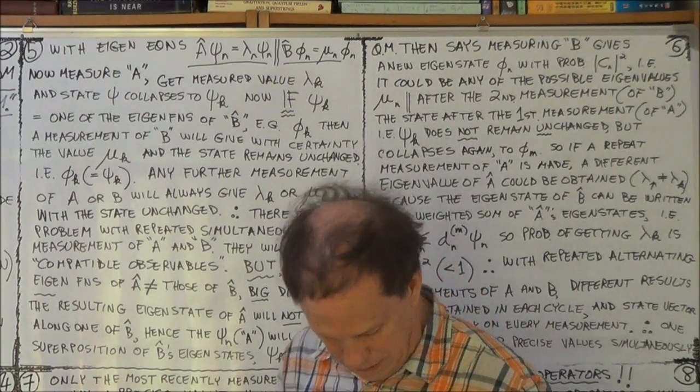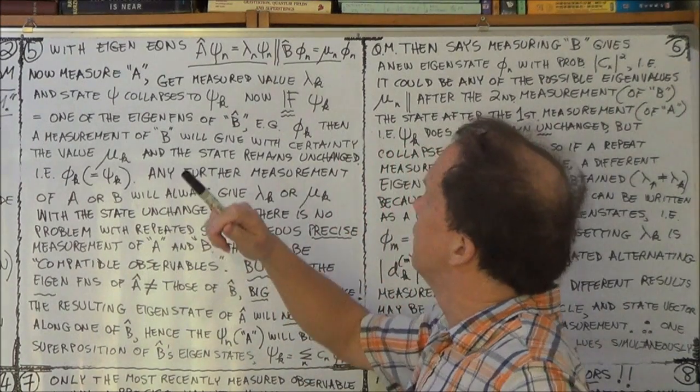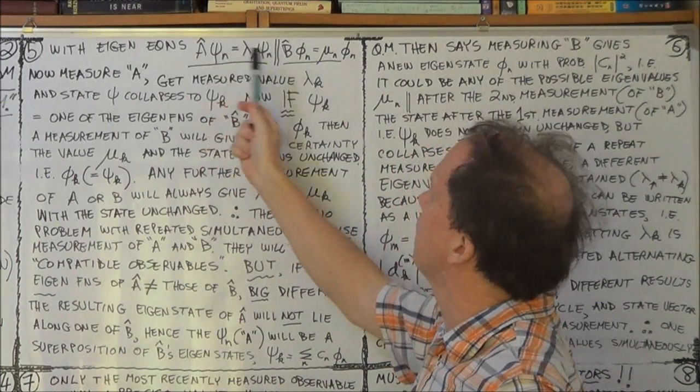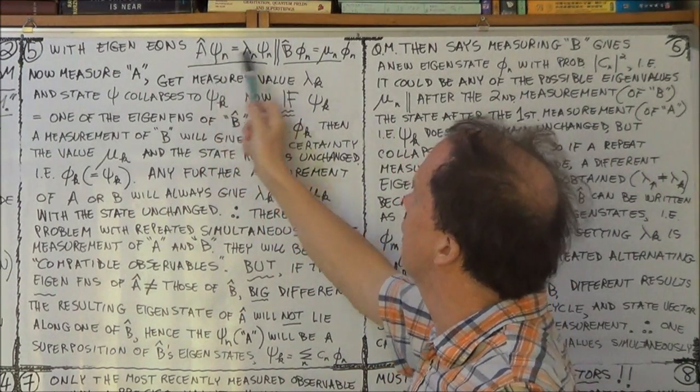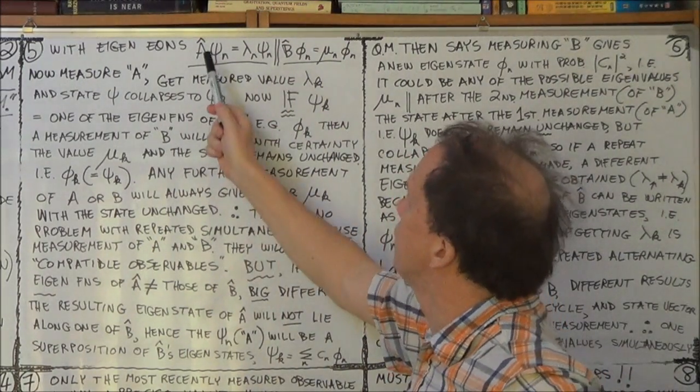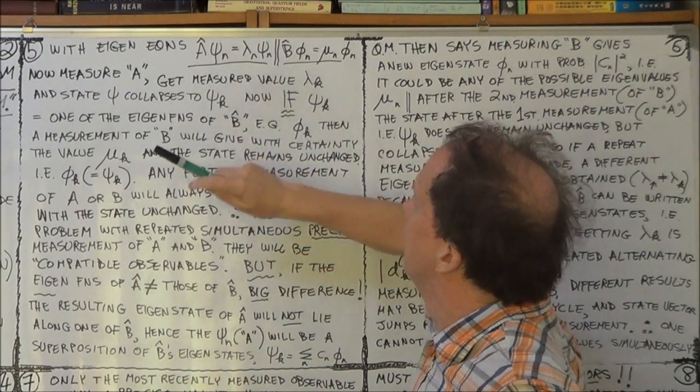Okay, so we have two observables A and B with their corresponding operators A hat and B hat. So here are the two eigenequations for these two observables, for A hat and for B hat.